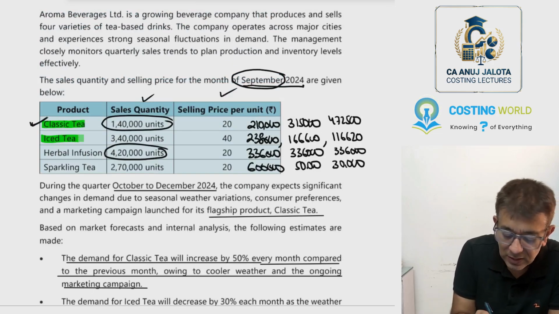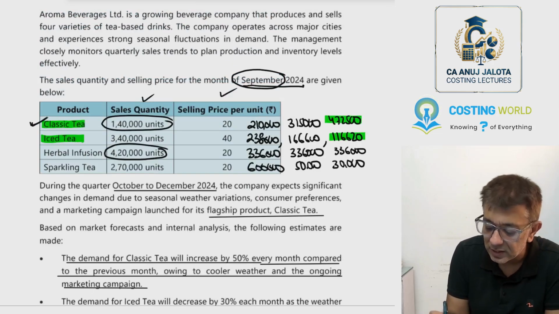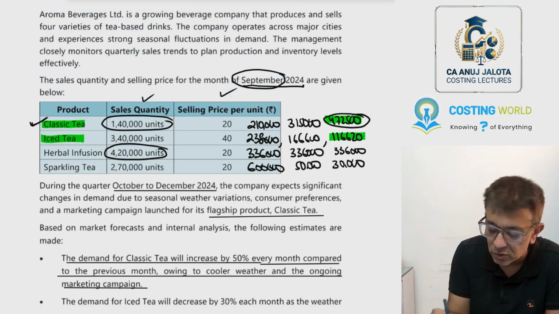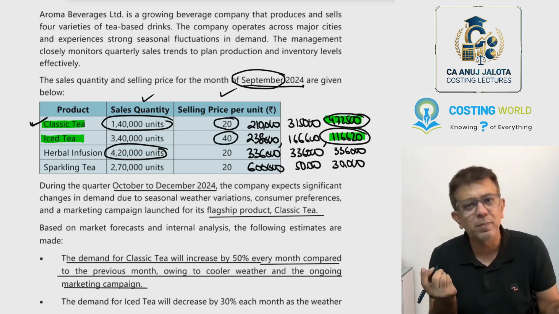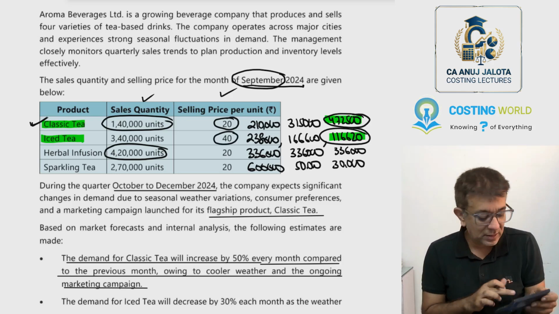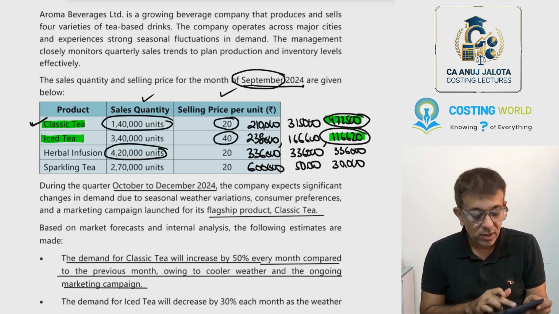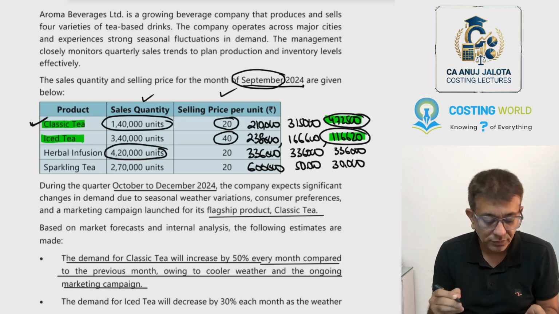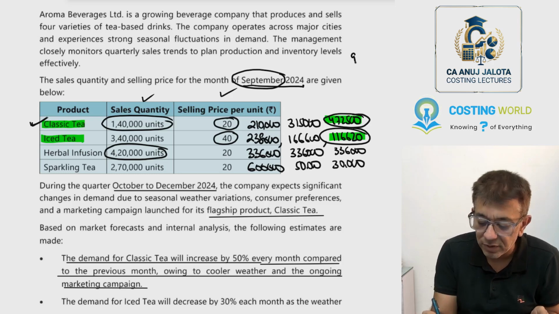These are the sales quantities for December. This is quantity sold, this is selling price, multiply and add it. So one answer I'll be able to do like that only. 4,72,500 into 20 is 94,50,000.